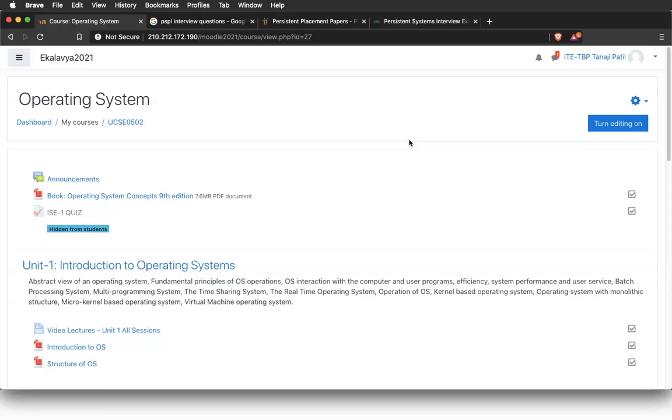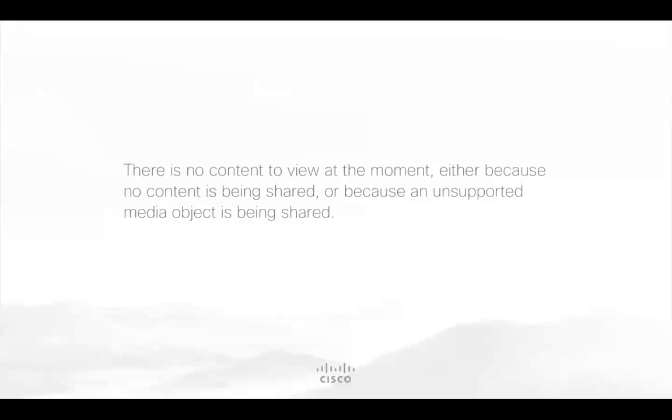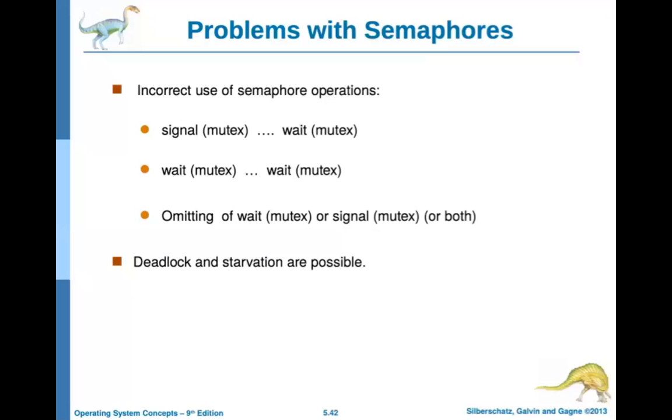So everybody is saying 5. So I'll schedule it at 5. Okay, let me stop sharing this. So today at 5 p.m. there will be the ISC 1 component quiz. Okay, so let us stop here.